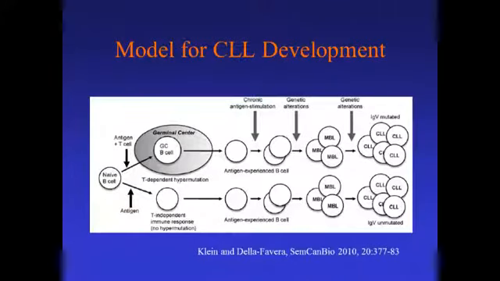And then this is just sort of a model slide that I pulled out of a paper a year or two ago that Dalla-Favera put out, highlighting that the current thinking now is that the mutated CLL and the unmutated CLL may derive from different B-cell populations. The mutated may go through the germinal center.